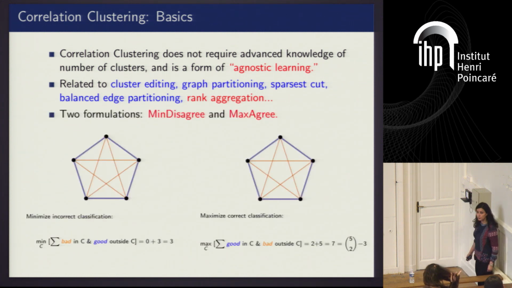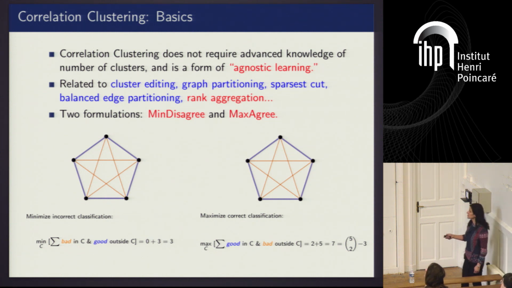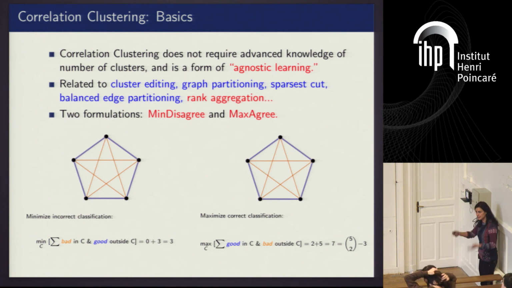So there are two formulations, and the formulation I just gave you is called the minimum disagreement formulation. It says minimize the number of incorrectly classified edges, but there is an analog of it which says maximize the correctly classified edges. And these are clearly dual questions, except that one is hard to deal with in the approximation domain, the other one isn't.